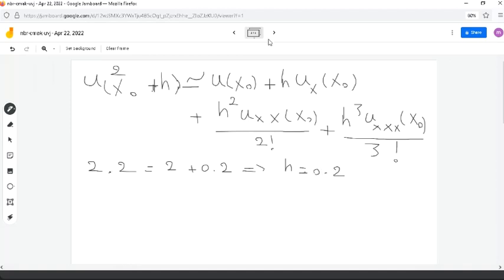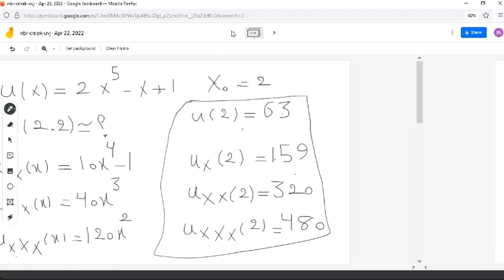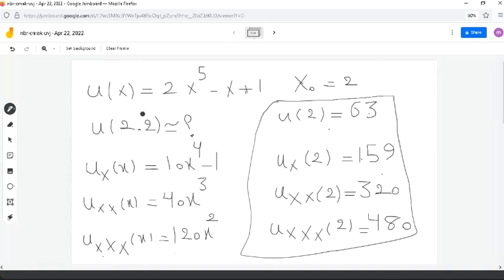The problem at the last page, we want to approximate u of 2.2 by Taylor theorem. And the x0 is 2, okay?